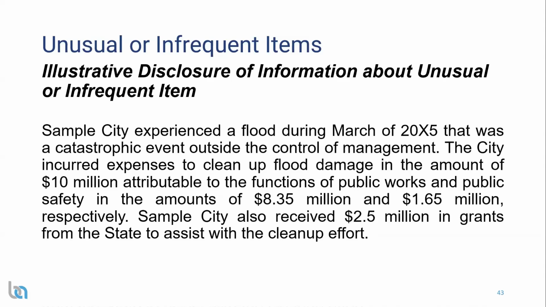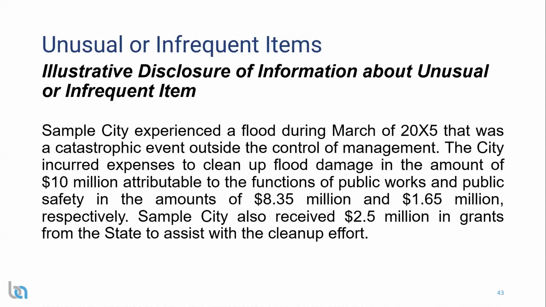Basically, you need to disclose whether this is something that was under management control and really describe what the item is. So in this case, you have a catastrophic event outside the control of management, so we're stating that this is not under management control. The city incurred expenses to clean up the flood damage in the amount of 10 million, and received, related to the function of public works and public safety, an amount of 8.3.